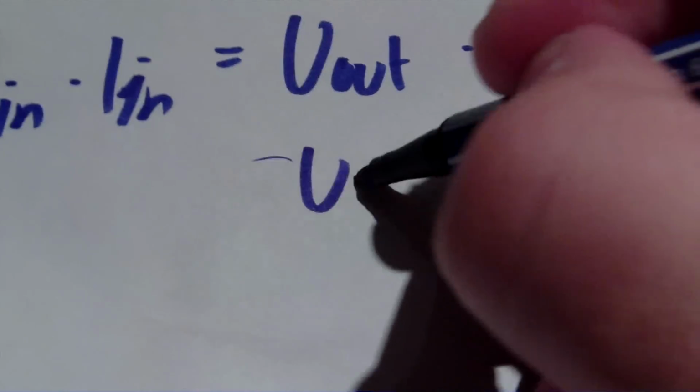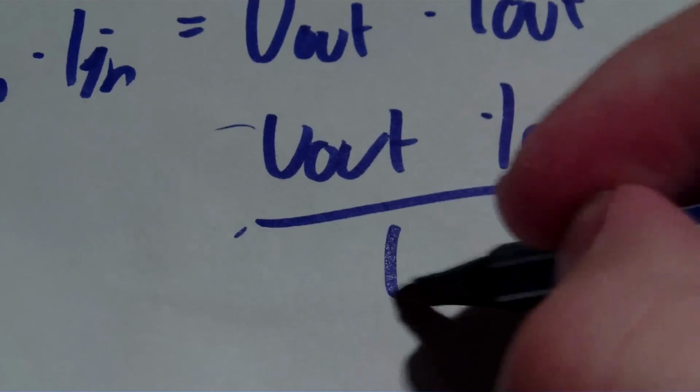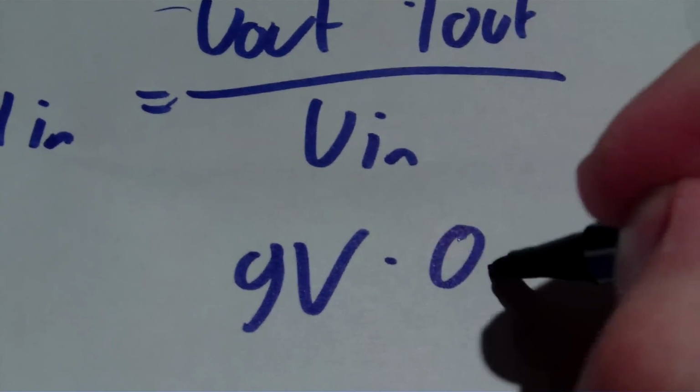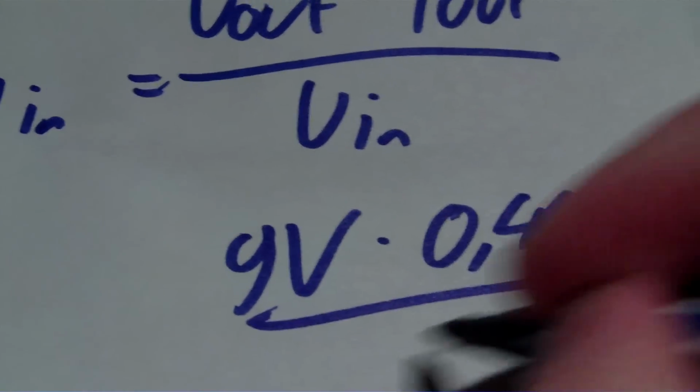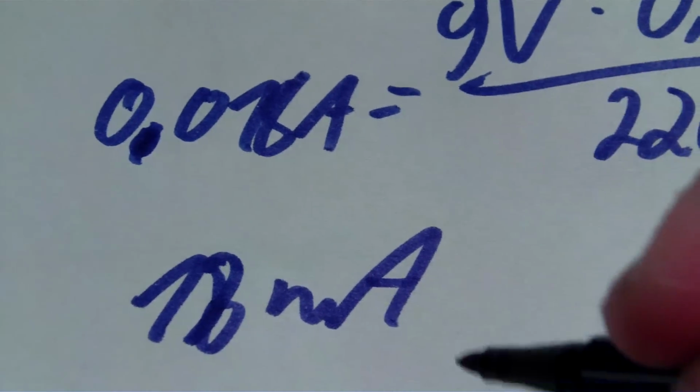We want I in, so u out times I out divided by u in is I in, and if we now do the 9 volts and 0.44 amperes, we have 220 volts, we have 0.018 amperes, and this is 18 milliamperes.